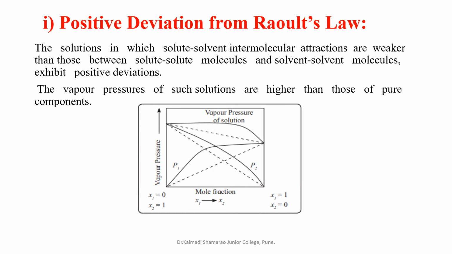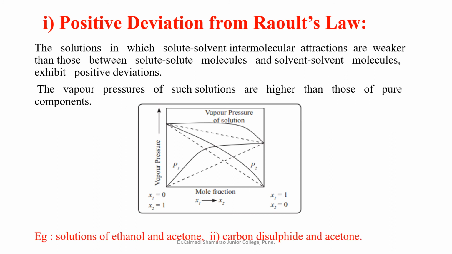Graphical representation. Example, a solution of ethanol and acetone. Second, carbon disulfide and acetone shows a positive deviation from Raoult's law.